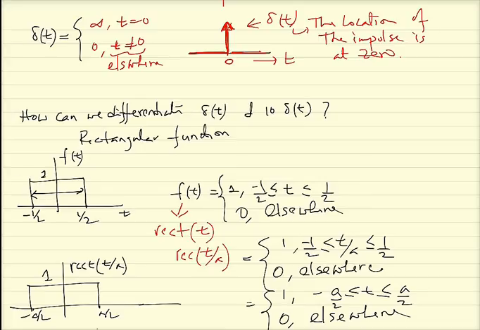Now let's elaborate the concept in more detail. One problem you can face is how you can differentiate two impulse functions. For example, one is delta t, another is 10 delta t. How can you differentiate these two impulses?